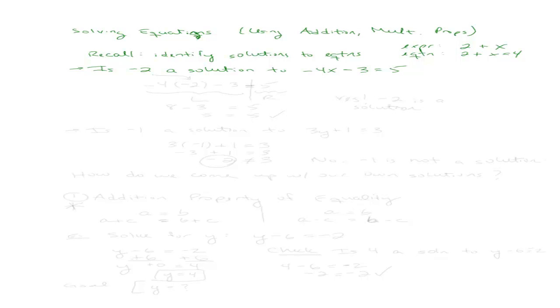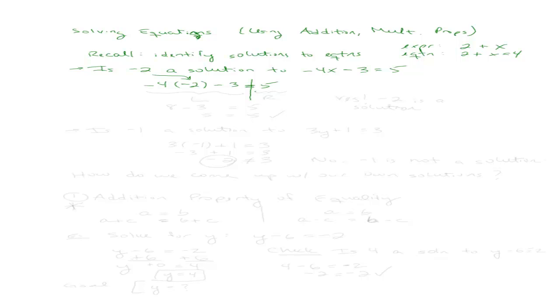So let's try that. So we have negative 4. I'm going to plug in a negative 2 for x, but before I do that, I put parentheses in there just to make sure my signs are all right. Inside the parentheses, I'm going to plug in that negative 2. Then I'm going to use my order of operations to simplify. So before I go any further, let me also talk about the left side and right side of the equation. My equal sign is what separates my equation into left and right.